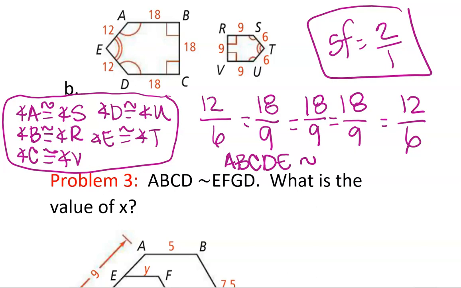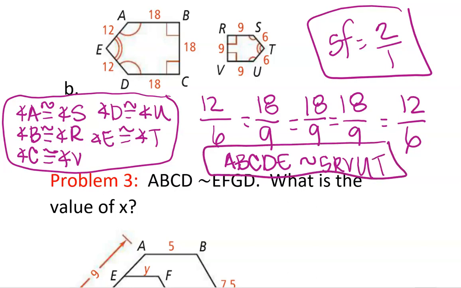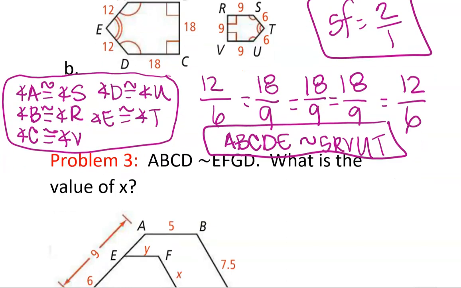A, B, C, D, E, so I can go S, R, V, U, T, and I don't even have to look at the picture anymore. So I'm going to do that. S, R, V, U, T. If the angles are the same and the scale factor is the same, then you do have similar figures.